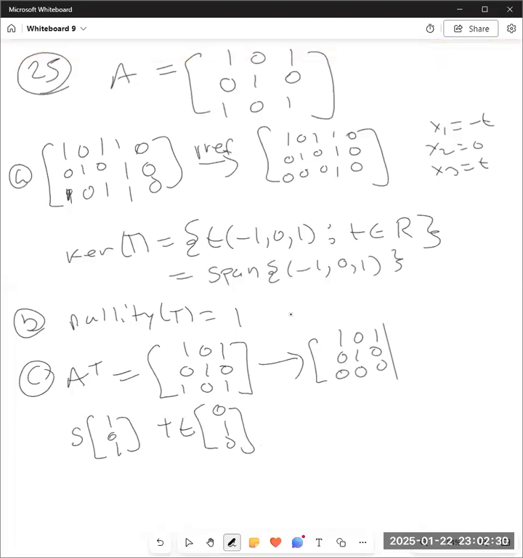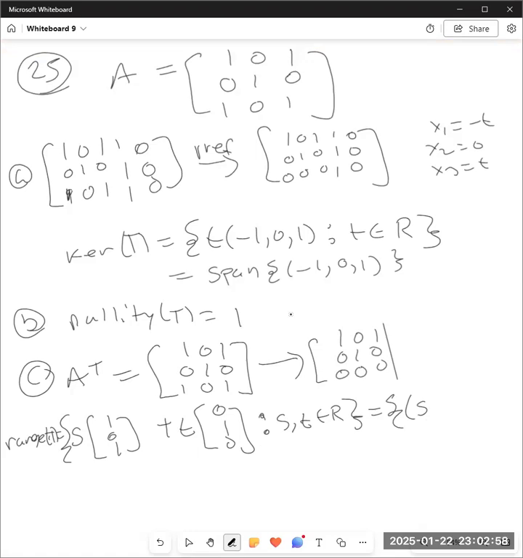This is my range. T is equal to this, s and t are real numbers.